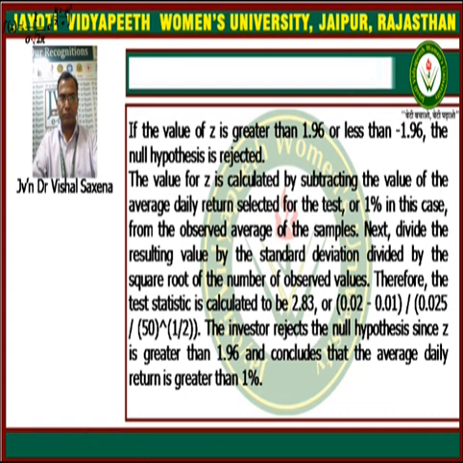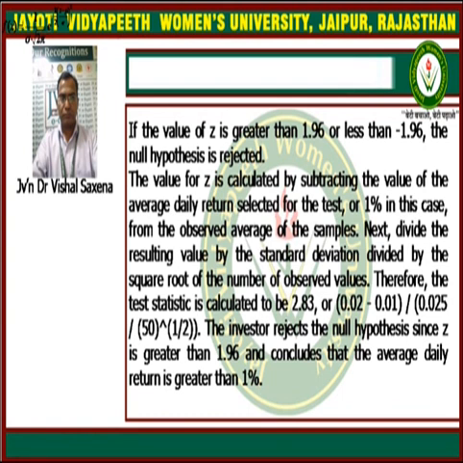The value for Z is calculated by subtracting the value of the average daily return selected for the test, or 1% in this case, from the observed average of the samples. Next, divide the resulting value by the standard deviation divided by the square root of the number of observed values.